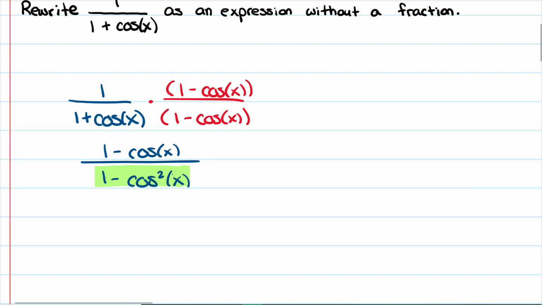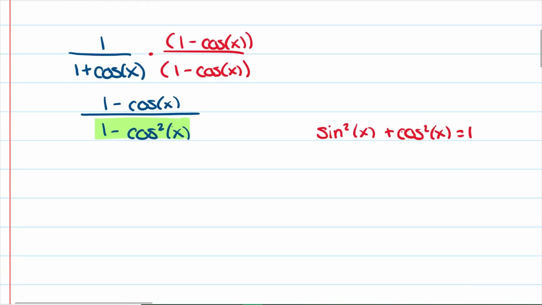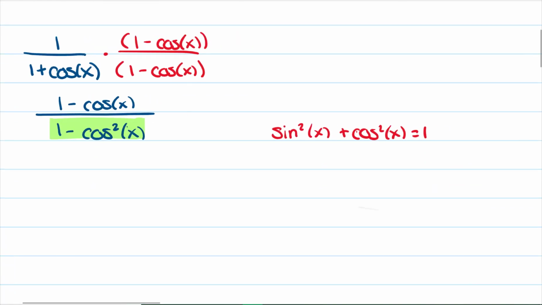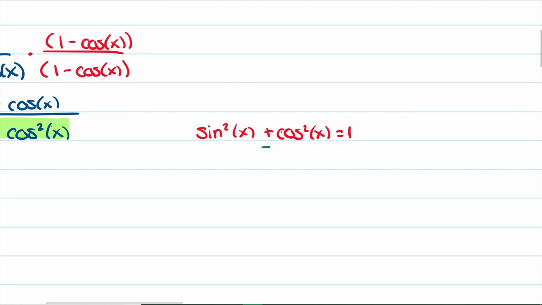So our identity that goes with cosine is sine squared plus cosine squared is equal to 1. So I want 1 minus cosine squared. So I'm going to subtract cosine squared from both sides. And I'm going to get sine squared is equal to 1 minus cosine squared.